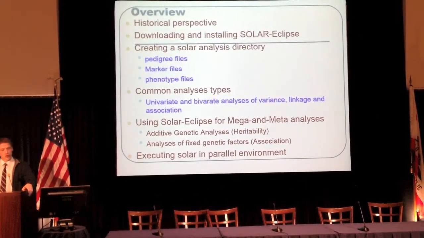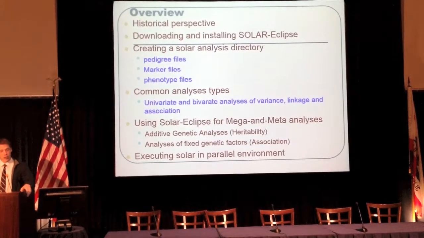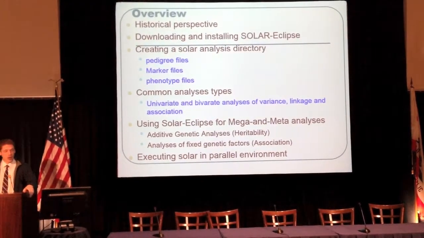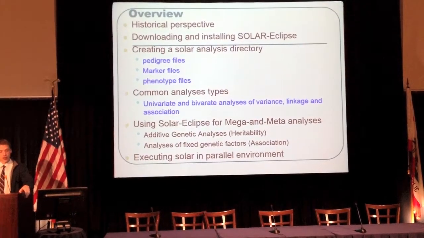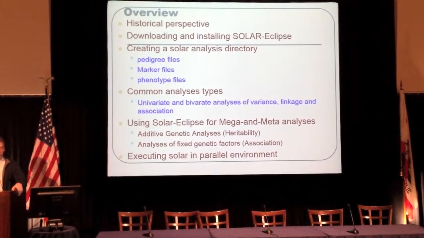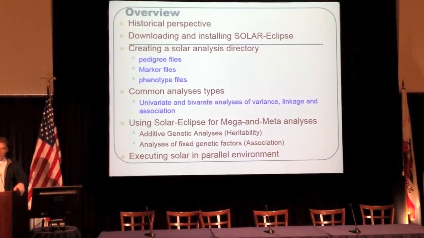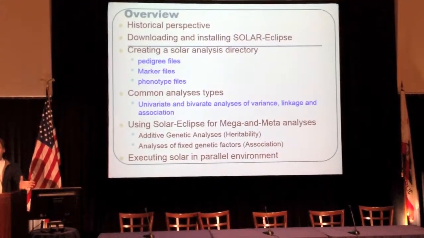And I'll talk about some new methods that we implemented since last year and how we can use Solar Eclipse for mega and meta genetic analysis, and perform additive genetic analysis of heritability, as well as analysis of fixed genetic factors association in studies that are composed from diverse data sets.